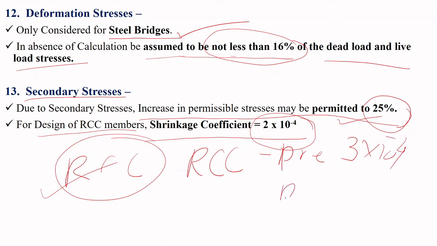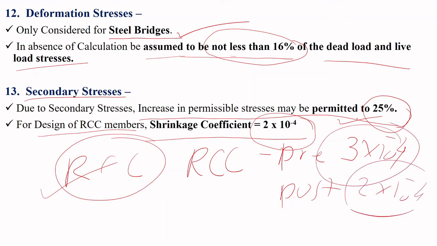And in case of a post-tensioned member, we take the value 2 into 10 to the power minus 4. Now this value we have to remember. In case of an RCC member, in bridge design, we take the shrinkage coefficient 2 into 10 to the power minus 4.